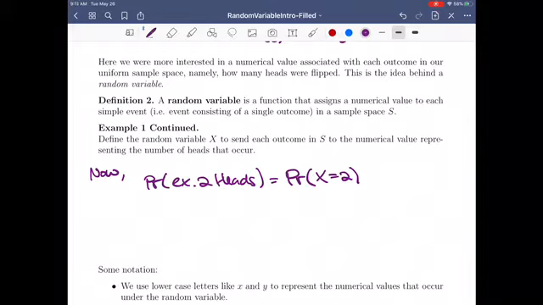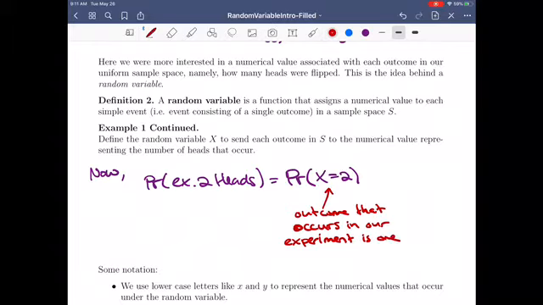What this means is that the outcome that occurs in our experiment is one that would be tagged with the number 2.